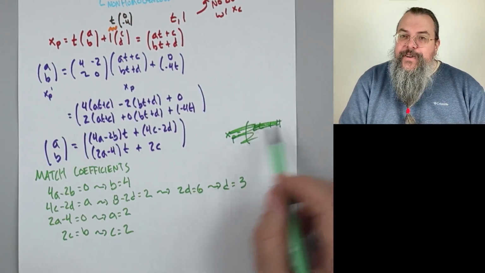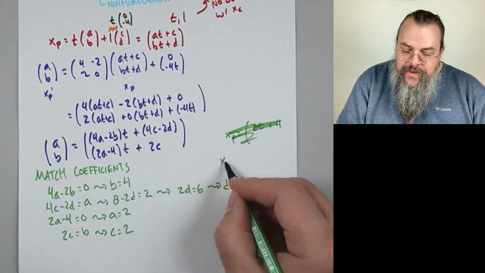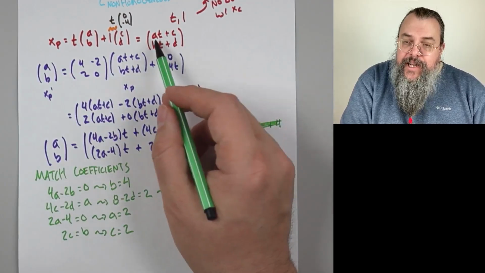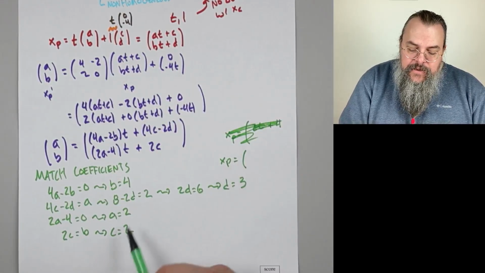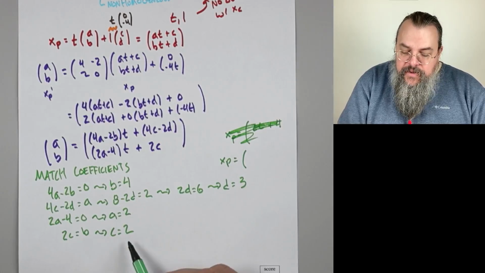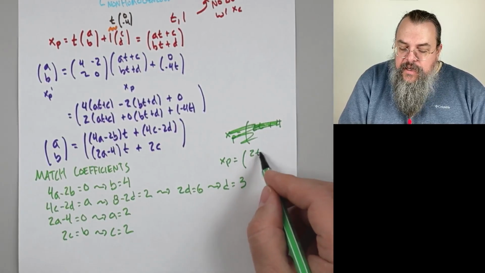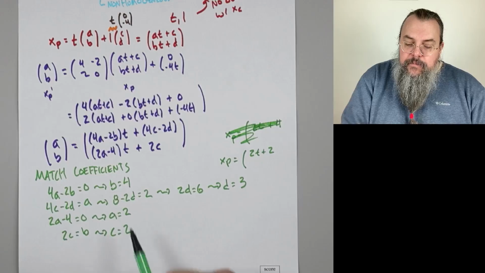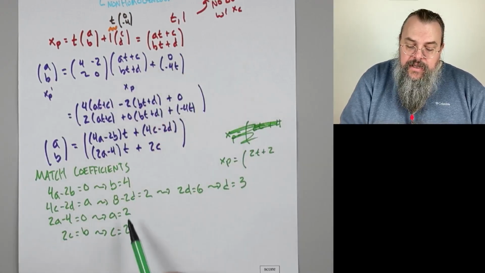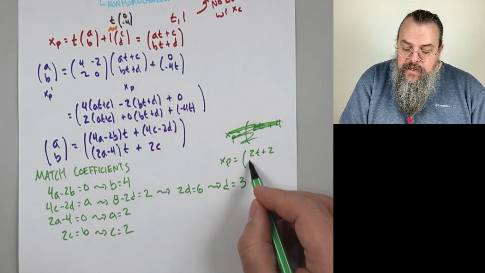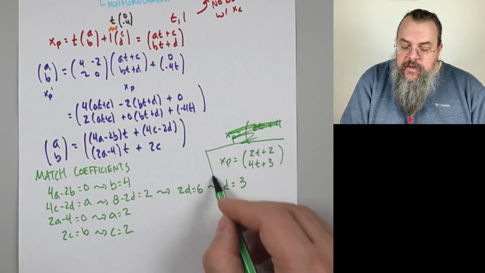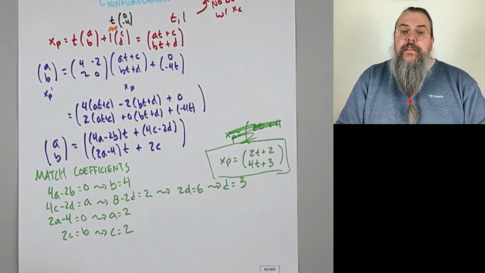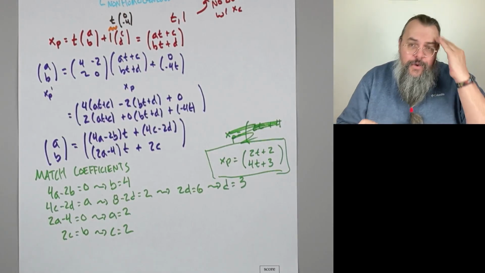It's also easy to cross things out and fix it. So it's not a times t plus b, it's a times t plus c. All right, so be careful. So a times t plus c would be 2t plus 2. b times t plus d, well, that'd be 4 times t plus 3. And there we go. Good. Whew.